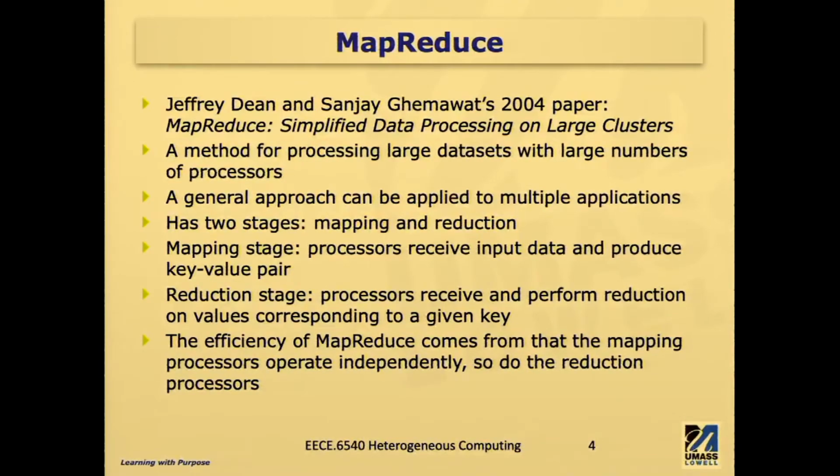And then on the second stage, the so-called reduction phase, we'll collect results from the first stage and combine them, not necessarily simply combine, we may do additional computation on top of these results, to deliver the final result. This idea was first proposed in a 2004 paper from Google. It's called MapReduce: Simplified Data Processing on Large Clusters.